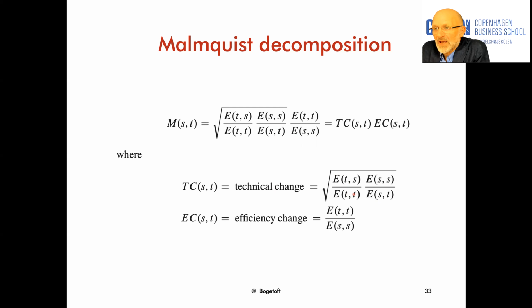Why would that be the case? Well, that is the case if the T technology is further out. So you can do more in time T than you could in time S. So that's why a value of this one here above 1 suggests that the frontier has been pushed, there's been technological progress rather than regress.